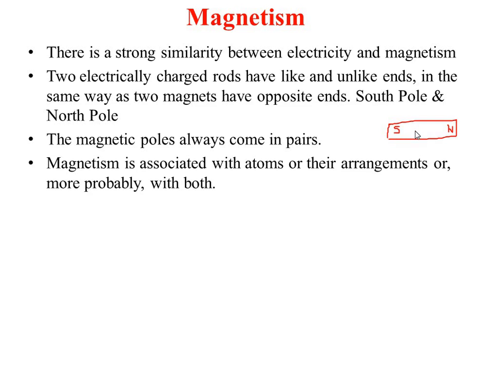Magnetism is associated with the atoms and their arrangements. As we said, it is a ferromagnetic material. In the previous case of capacitance, we have seen that when we applied the electric field, the dielectric atoms tried to align themselves in a particular direction.